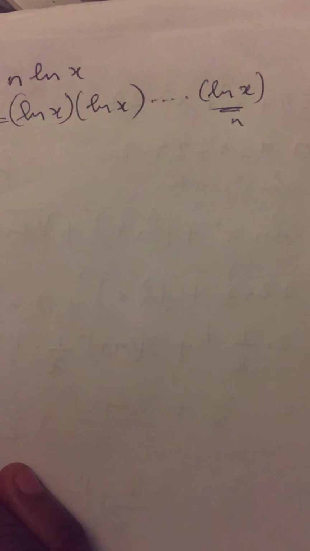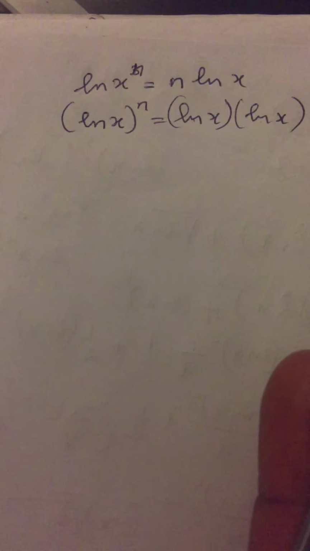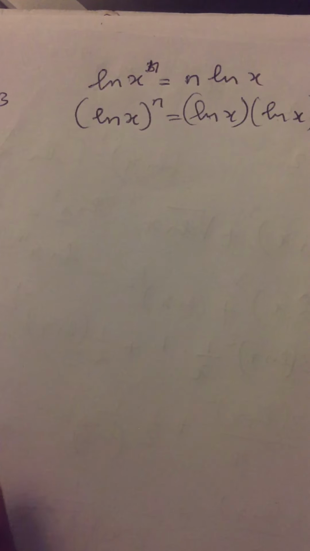This means I have ln of x multiplied by ln of x multiplied by ln of x, n times. If n equals 3, I'm gonna have 1, 2, 3. If it's 5, it's gonna be 1, 2, 3, 4, 5. So I cannot simplify it. Therefore we're gonna apply what we call the chain rule.